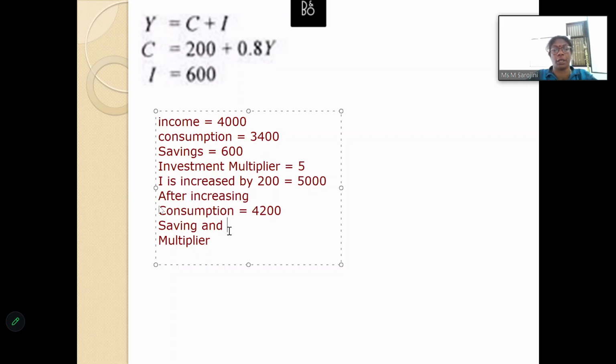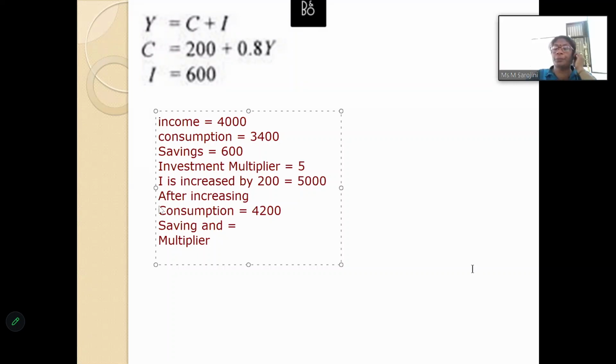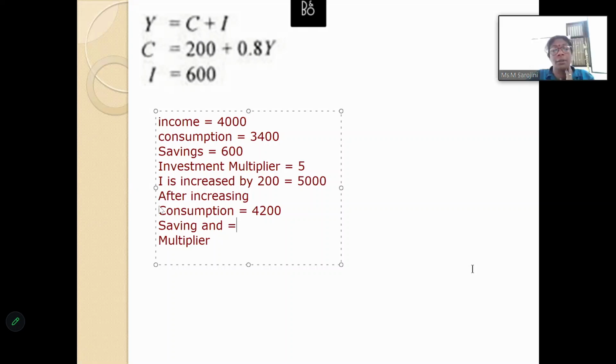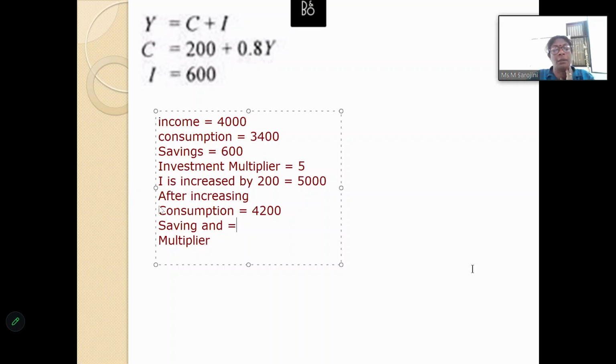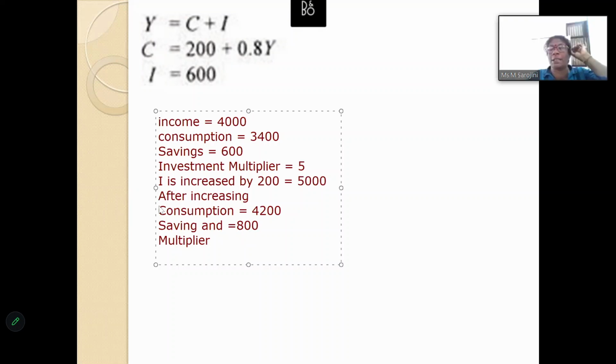Yes, ma'am. Saving, how much is the saving? 3,400. Is it possible, 3,400? No, ma'am. How much then? 800. Yes. Who is the gentleman that previously said 3,400?